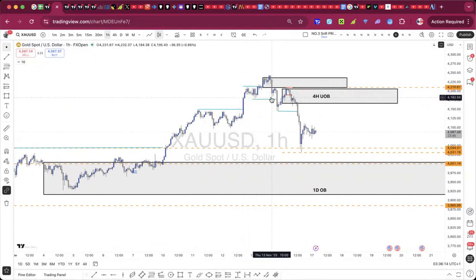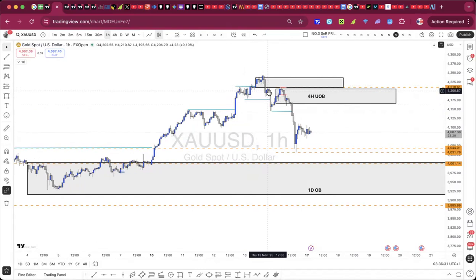So we have this internal low and then a rally. So that means altogether, we have a shift the same way, and then we have the 4 hours, all right?